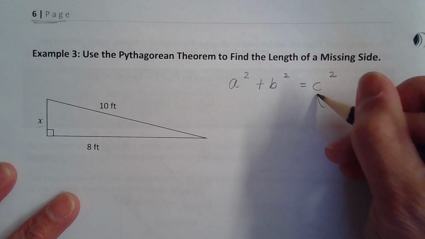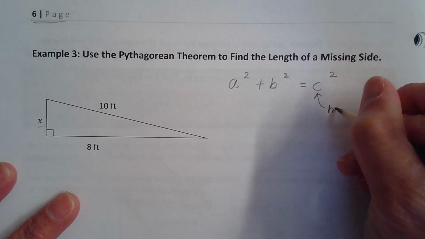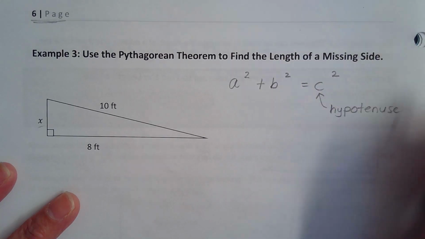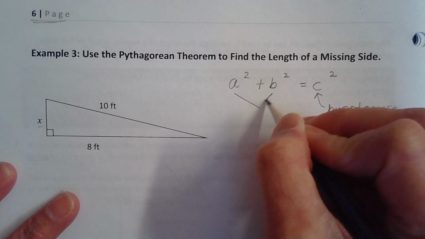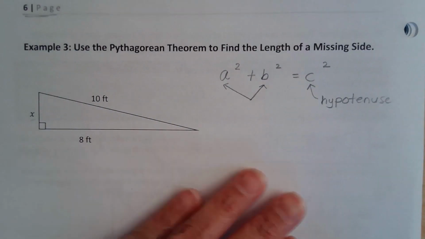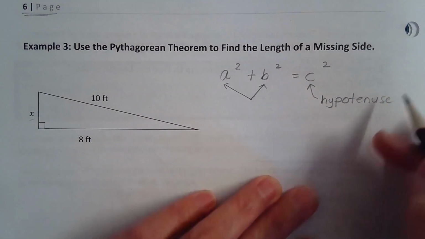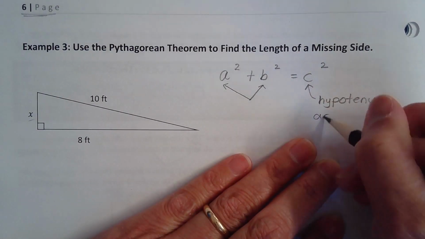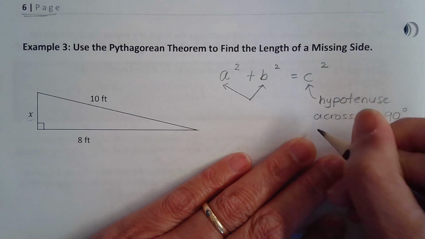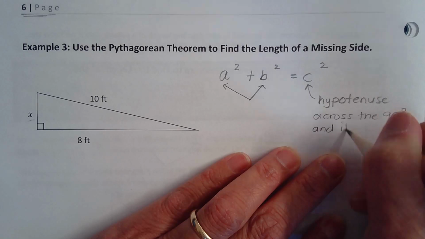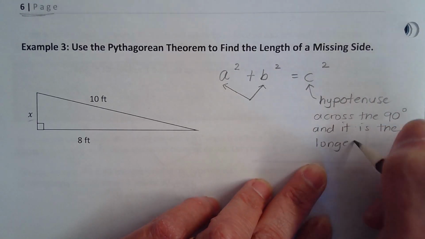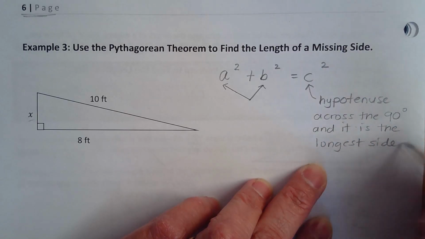The c is the hypotenuse, and the a and the b are the two other sides. Just to go back here because I know some people weren't here yesterday. The hypotenuse is across from the 90-degree angle, and it is the longest side.